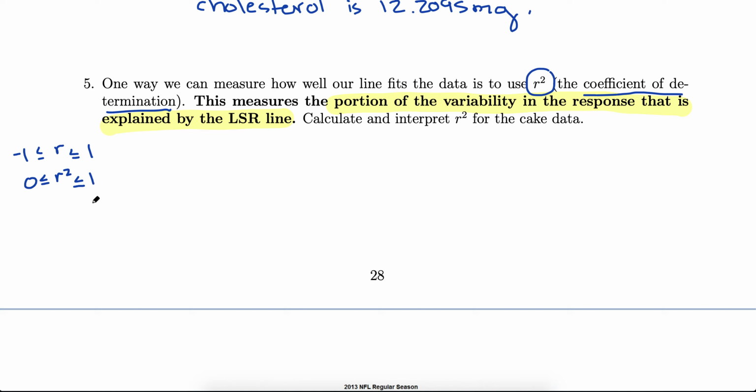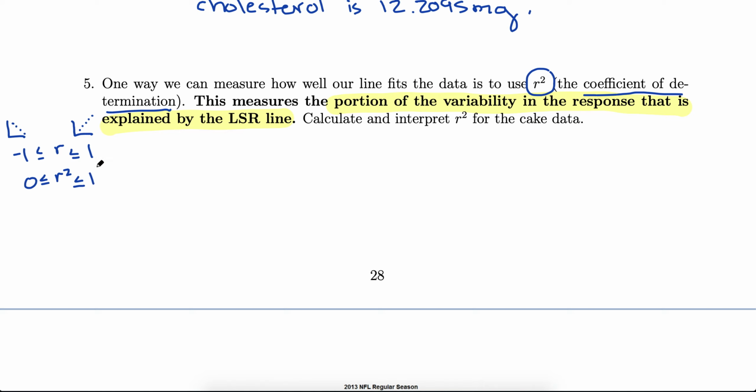I was giving away my answer earlier. Here, remember, if -1 meant I had a perfect line with a negative slope, so that's telling me that relationship is perfect, and if I square -1, I get 1. Here, perfect line with a positive slope. If I square 1, I still get 1.